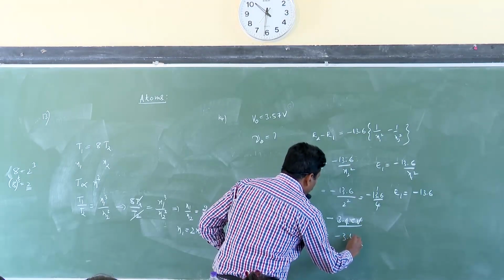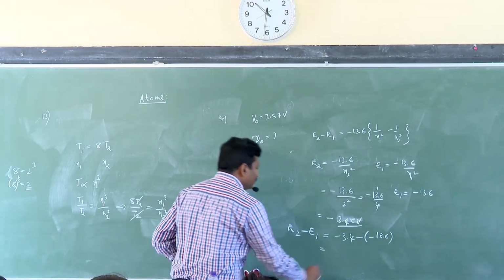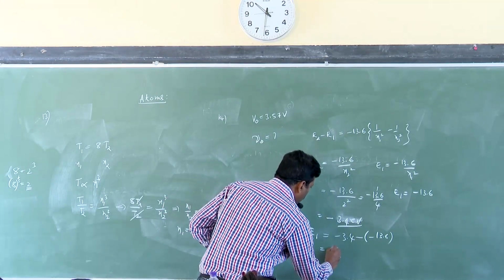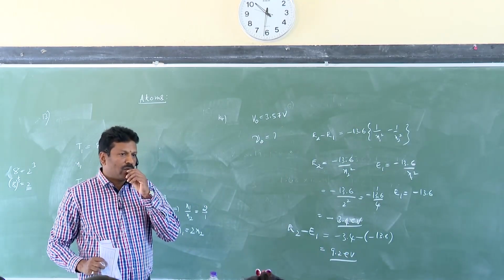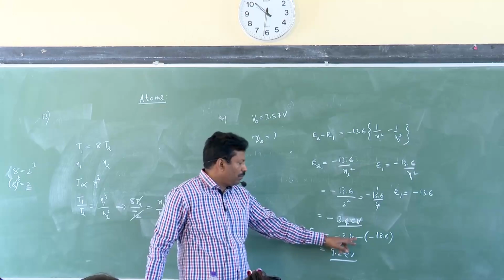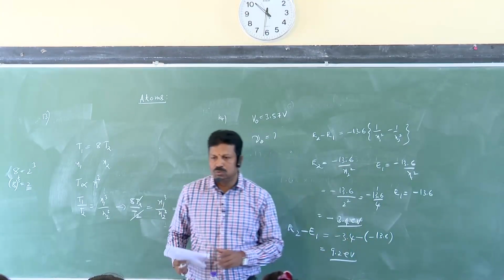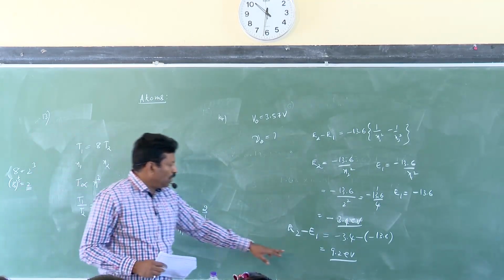So minus 3.4 minus of minus 13.6. When you subtract this, you get 10.2 electron volt.